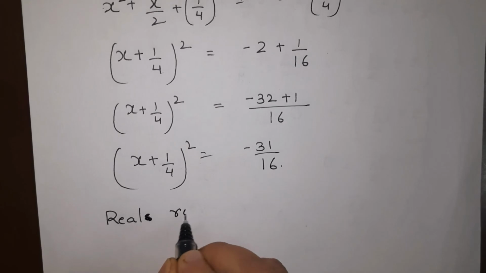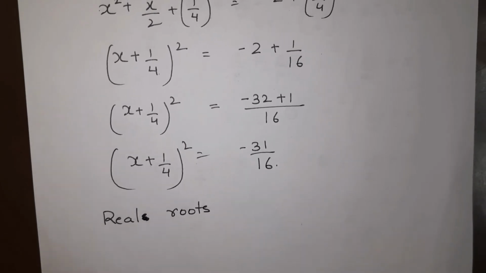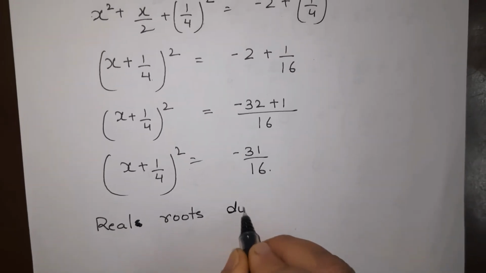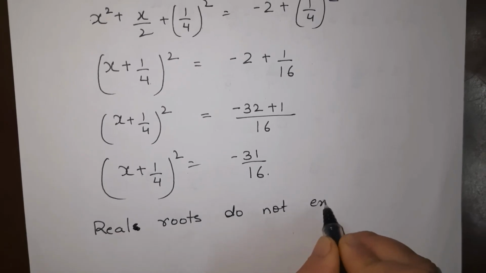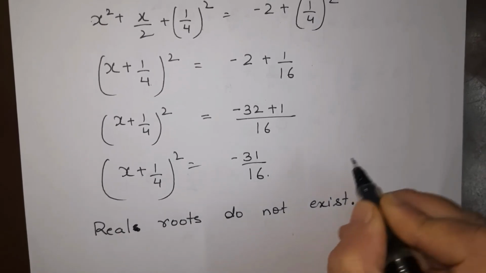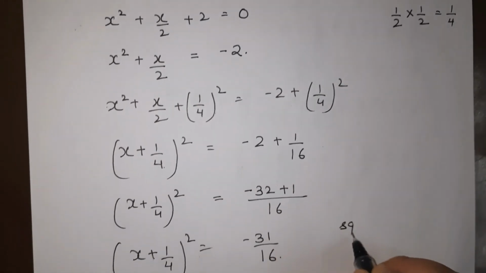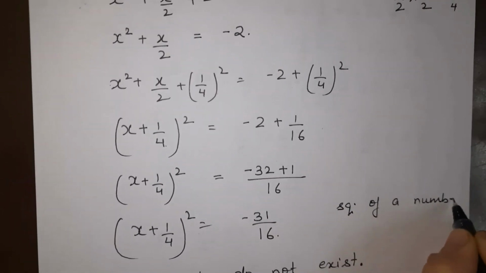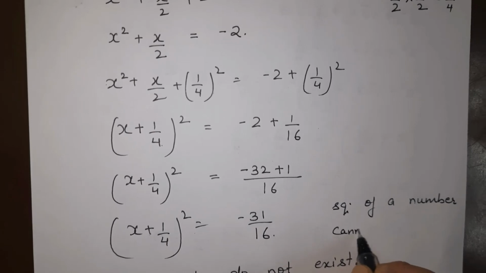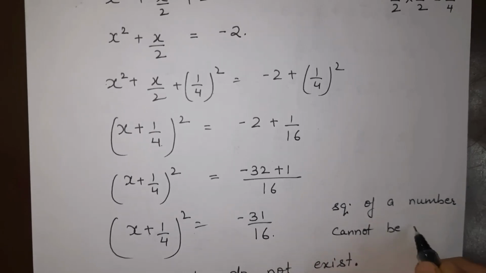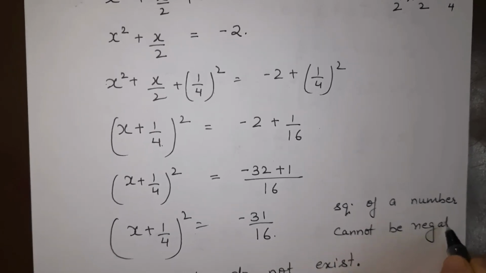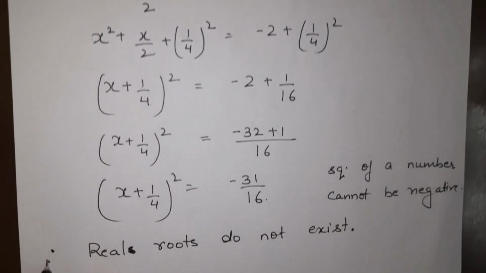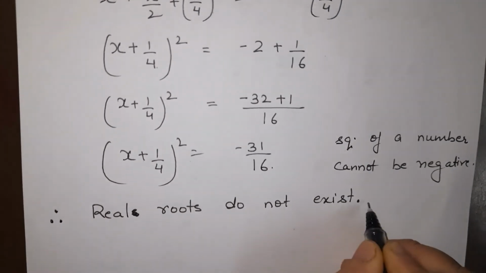Real roots of this given equation do not exist. And the reason here is that the square of a number cannot be negative, as we are getting a negative over here. So we can write, therefore, real roots do not exist.